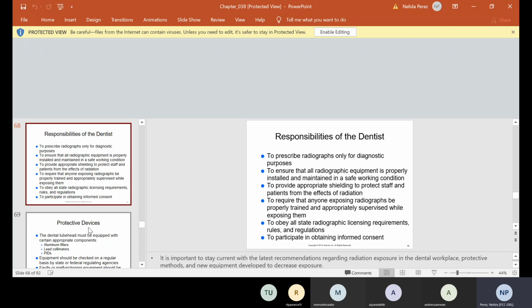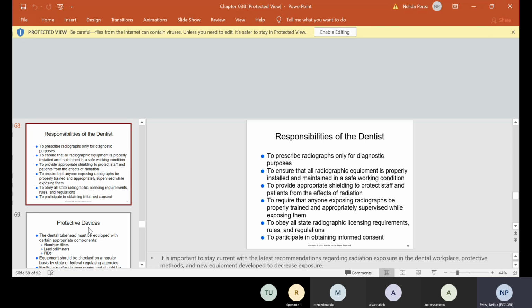Now, the responsibilities of the dentist: he prescribes radiographs only for diagnostic purposes; ensures that all radiographic equipment is properly installed and maintained in a safe working condition; provides appropriate shielding to protect staff and patients from the effects of radiation; requires that anyone exposing radiographs be properly trained and appropriately supervised while exposing them; obeys all state radiographic licensing requirements, rules, and regulations; and participates in obtaining informed consent.